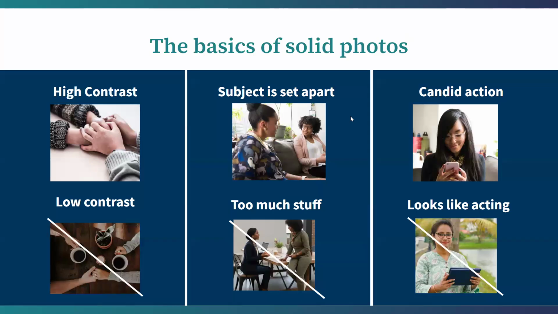The subject is set apart from other things. This is back to our AI versus non-AI example. There's too much stuff, too many chairs, tables, things that are not these women, so they become literally hard to focus on.